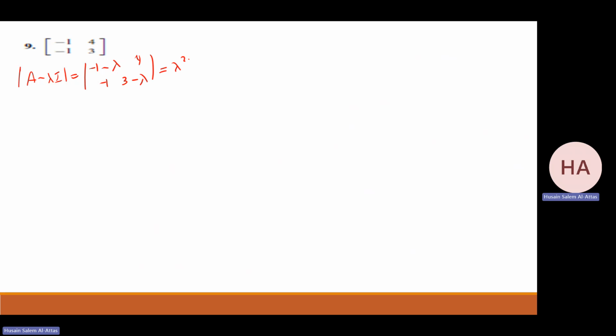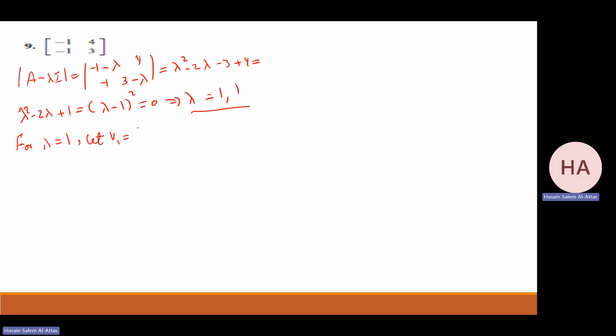I'm getting lambda squared minus 2 lambda plus 1, which is lambda minus 1 squared. Is it diagonalizable or not? I need to check how many eigenvectors I get, since the eigenvalue is repeated. For lambda equal 1, I let V1 equal K1, K2.